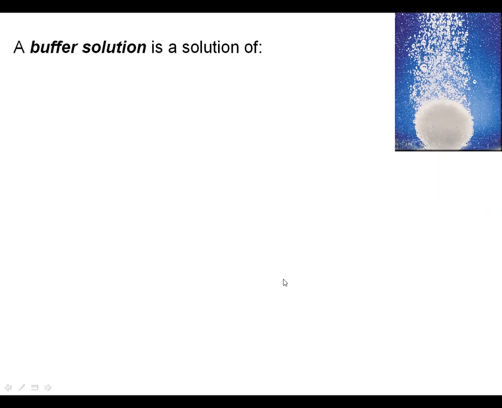Then we started talking about common ion, and a common ion solution, much like the name implies, contains something that will set up an equilibrium, usually some type of weak acid, perhaps a weak base, and a salt or something like that that will provide an ion that's in common with that weak acid or base.